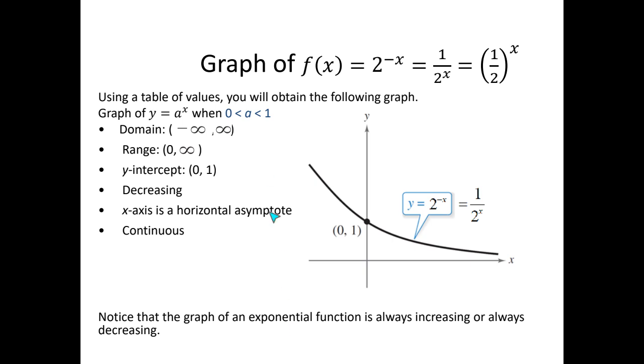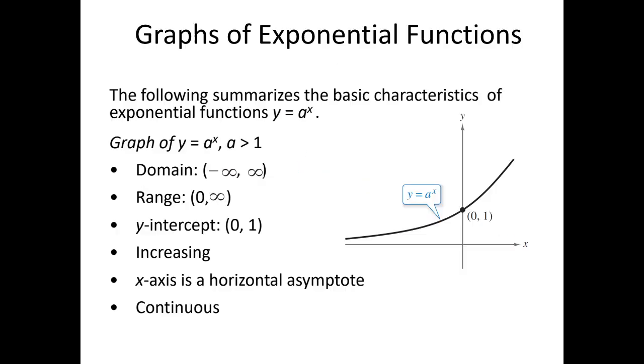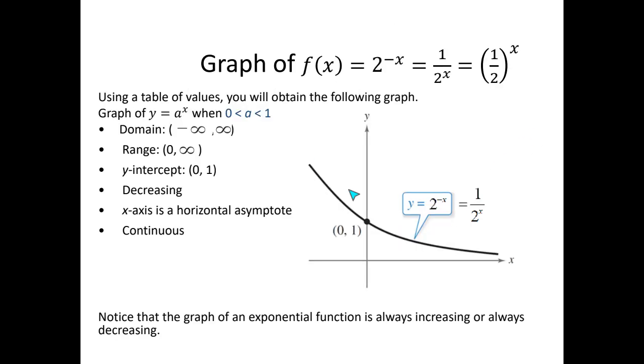Now, what happens if we have a function that looks in this direction? The previous one is increasing, but what if it's decreasing? If it's decreasing, then notice here that we have the same equation, y equals a to the x, whenever a is between 0 and 1.